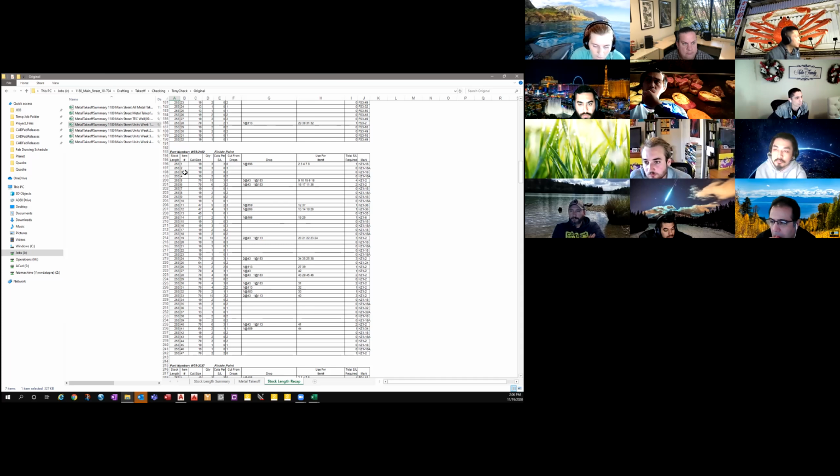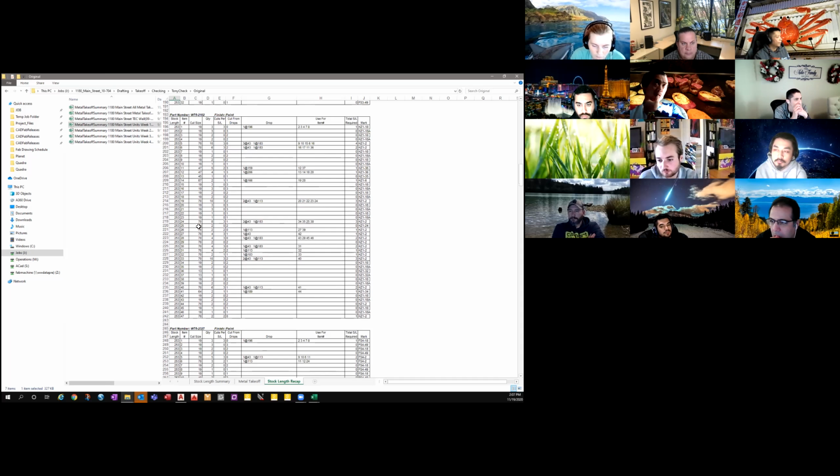You can see it: 2, 3, 4, 7, and 8. That's how the program optimizes its best per stock length with all the different cut sizes.